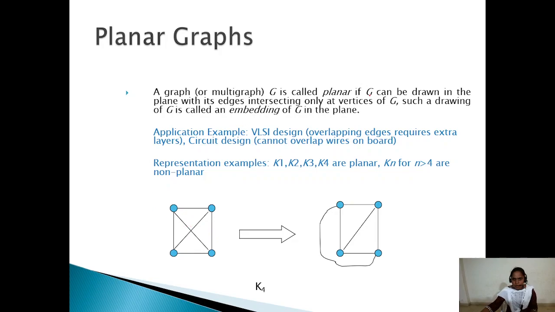G can be drawn in the plane with edges intersecting only at vertices of G. Such a drawing of G is called a planar graph. Here this is a non-planar graph, because one edge crosses another edge. This is not a planar graph.